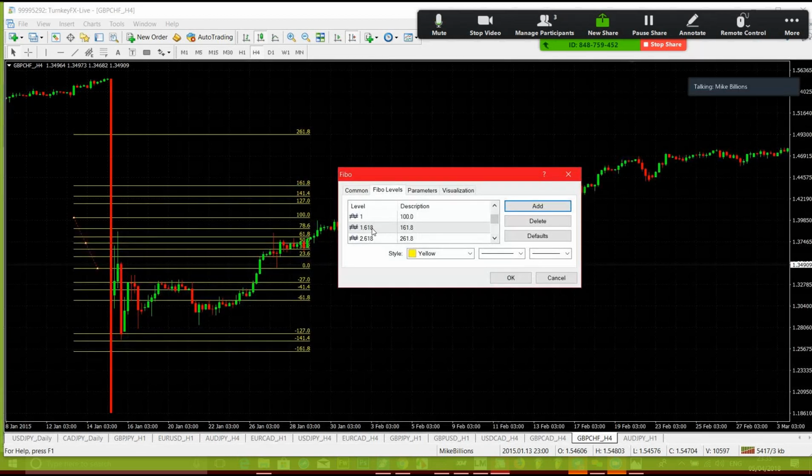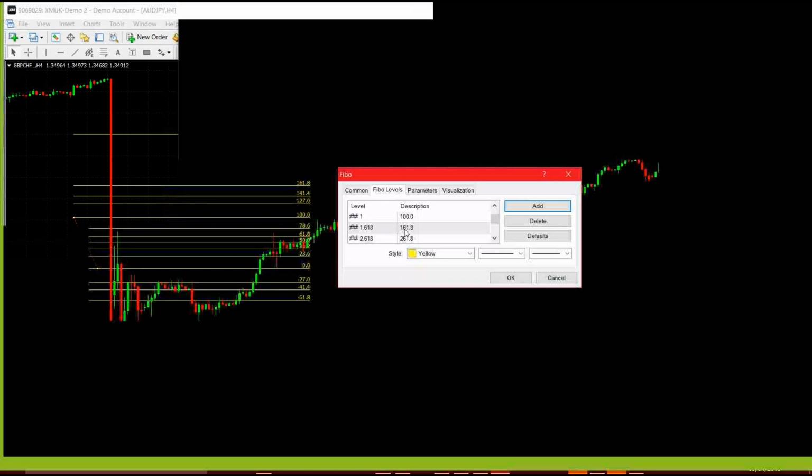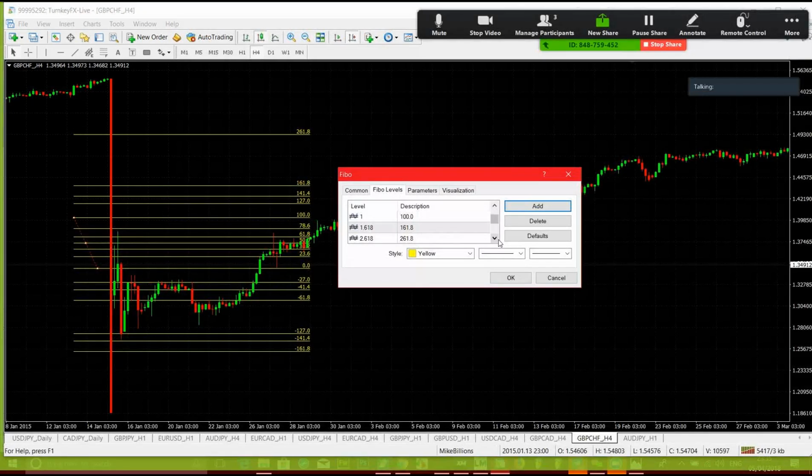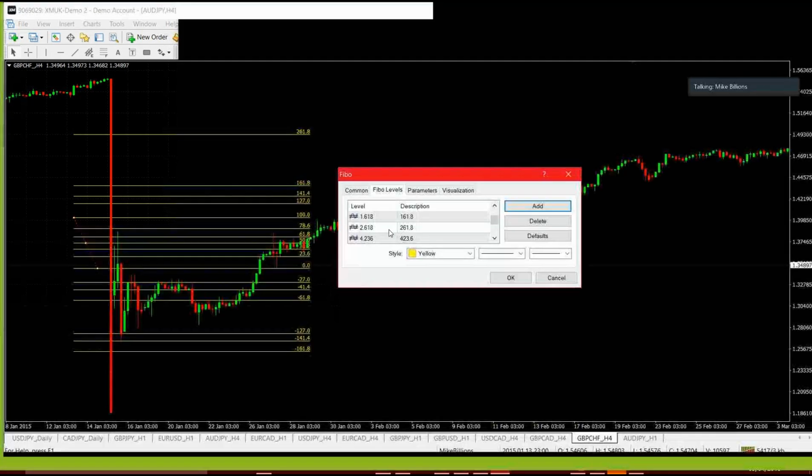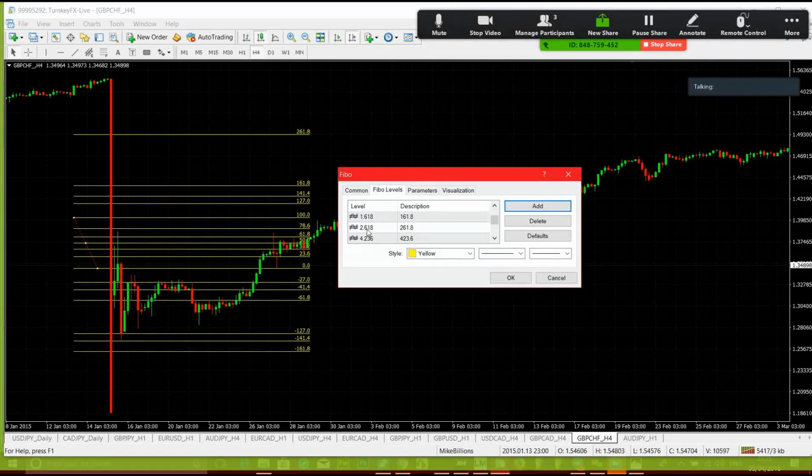For 161, that's the one I don't think you have, so that will be 1.618 under level and 161.8 under description. Then under level you have 2.618 and then 261.8 under description.